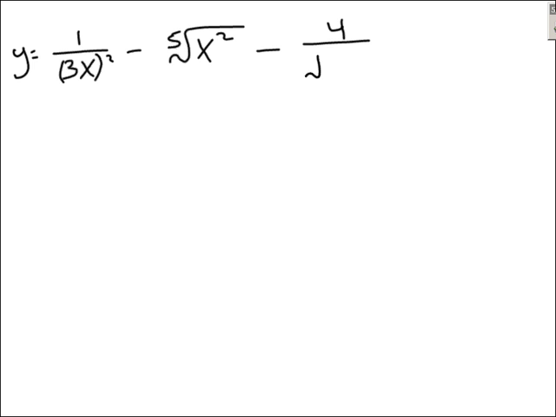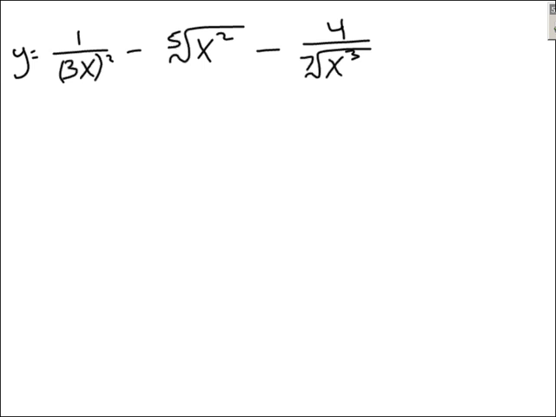Suppose you have y is equal to 1 over 3x squared minus the 5th root of x squared minus 4 over the 7th root of x cubed.